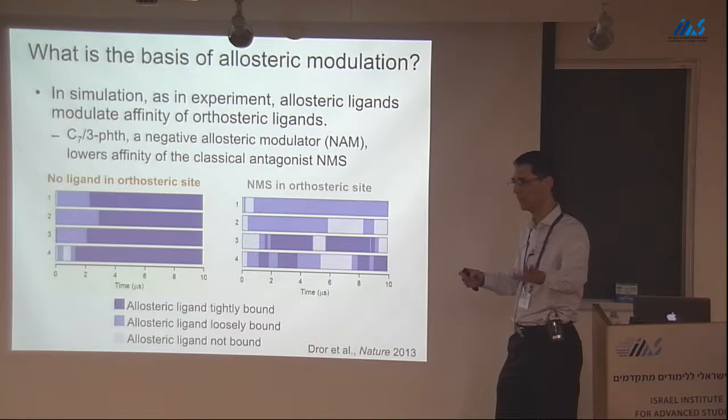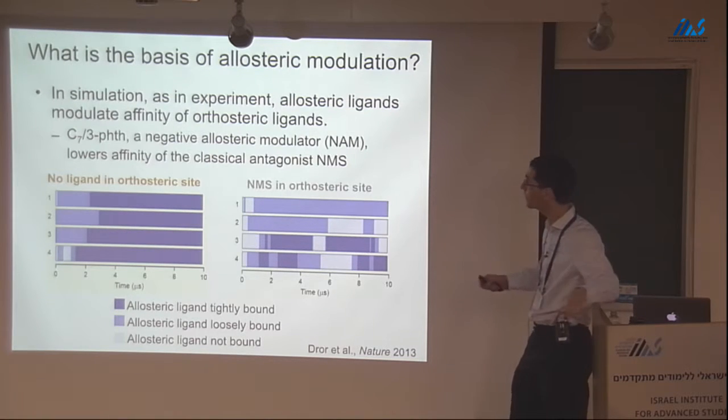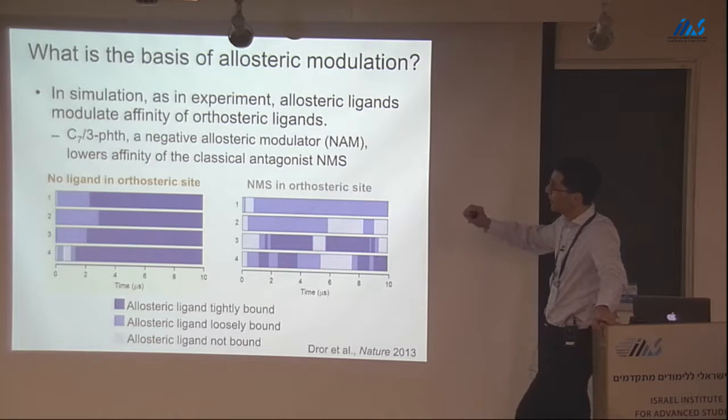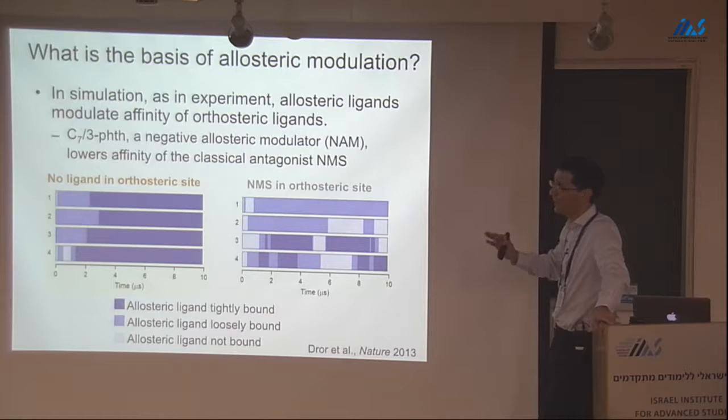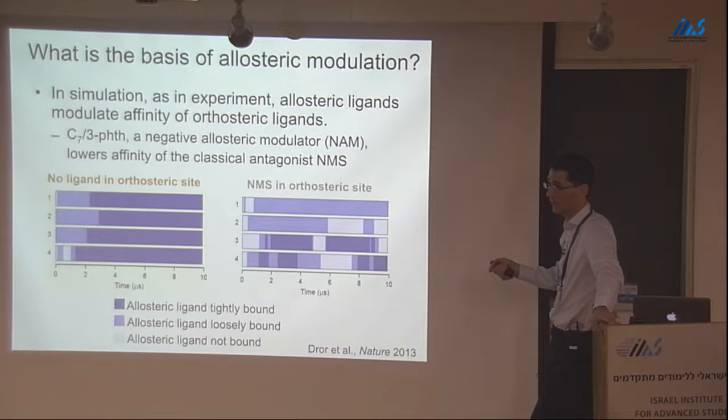It turns out that the cooperativity actually depends on which orthosteric ligand you're considering. There's the most experimental data for this one. So C7 has negative cooperativity with NMS, and it's thus referred to as a negative allosteric modulator. Some of the other modulators we looked at have positive cooperativity and are referred to as positive allosteric modulators.